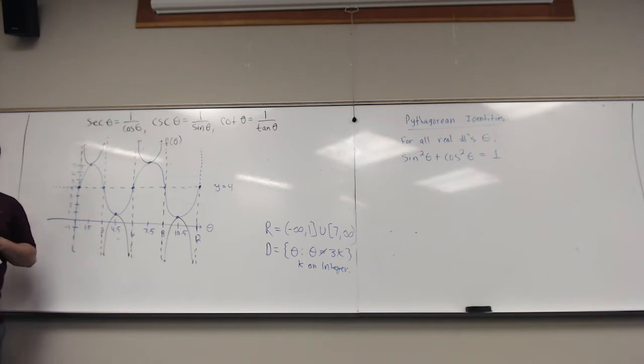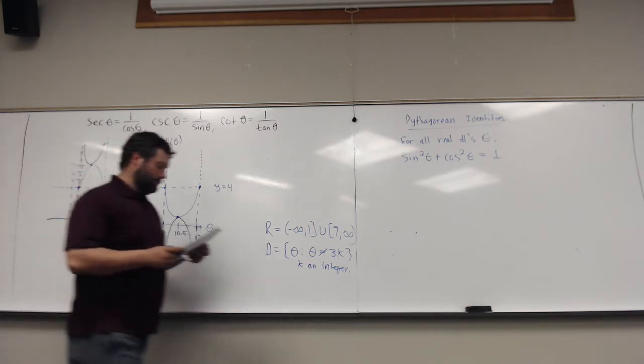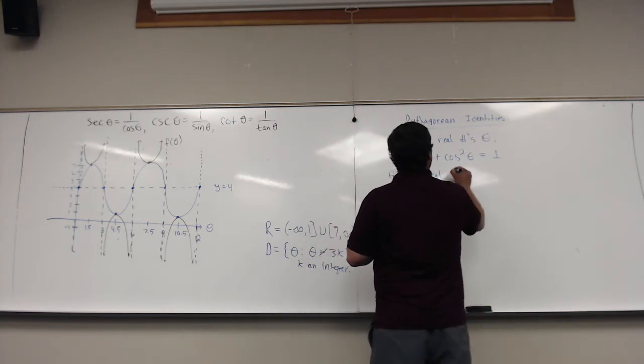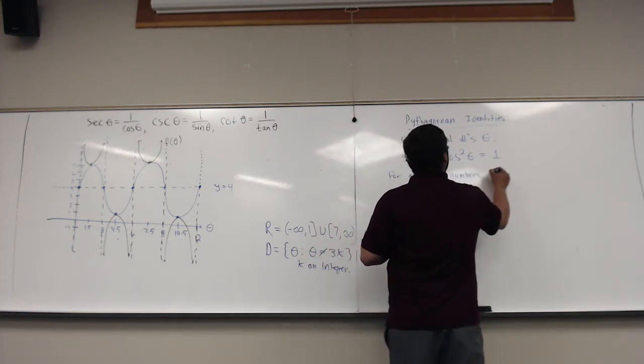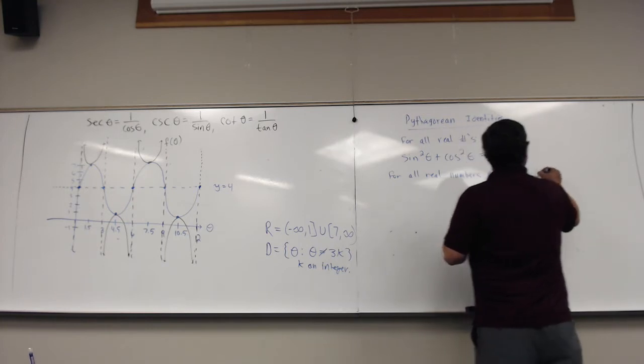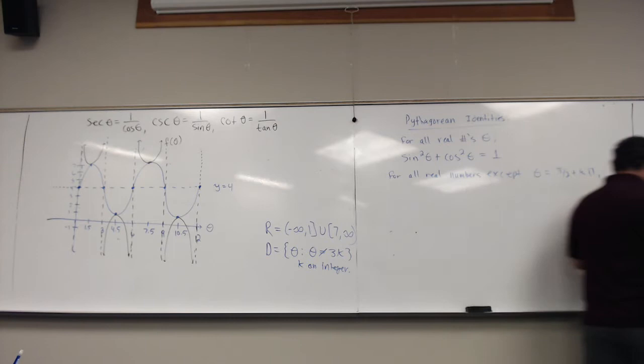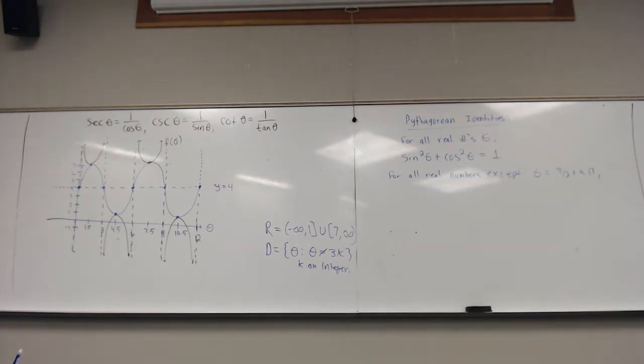And that works for any angle. Now, you'll see why this next one that I write down is only going to be valid for all angles theta except the ones that equal pi over 2 plus k pi.